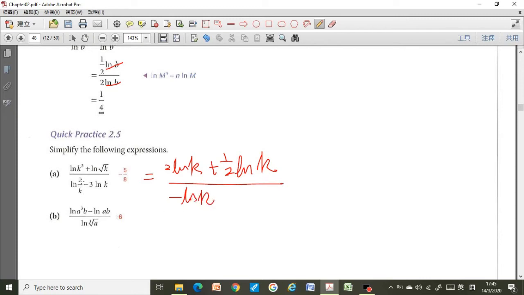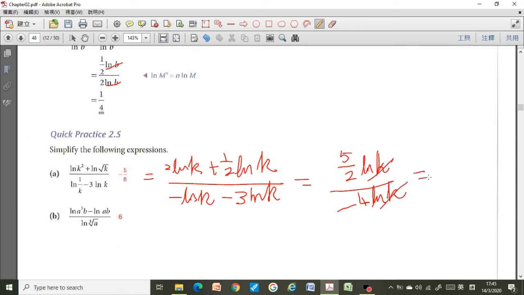Because 1 over k is k to the power negative 1, so you have minus log k and minus 3 log k. Make this numerator and denominator in terms of log k. In the numerator it is 5 over 2 log k, but in the denominator is negative 4 log k, and the log k we cancel, you will get negative 5 over 8.